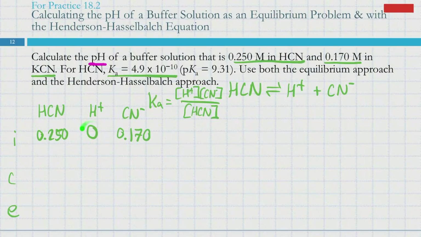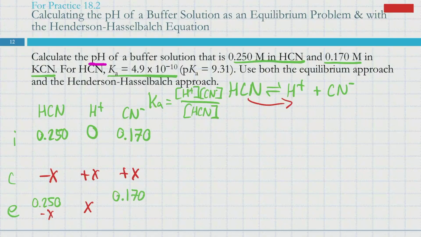Since we have basically no H plus, we are going to see a shift left to right. No surprises there, I hope. So we get our usual minus x plus x plus x. Then we get 0.250 minus x, x, and 0.170 plus x for our equilibrium values.